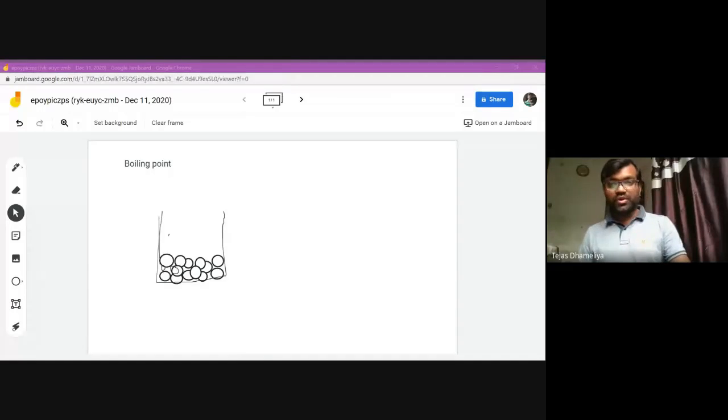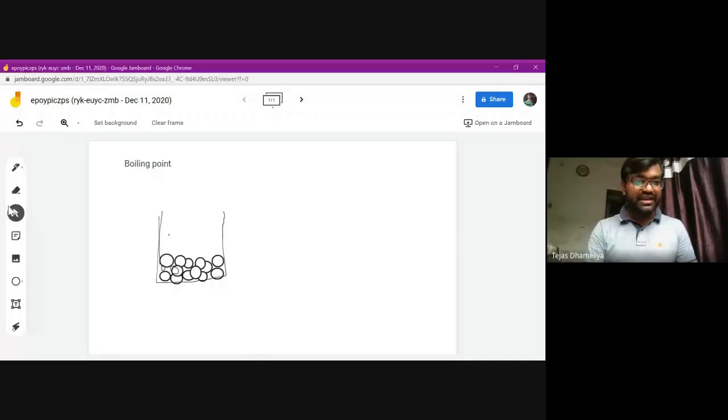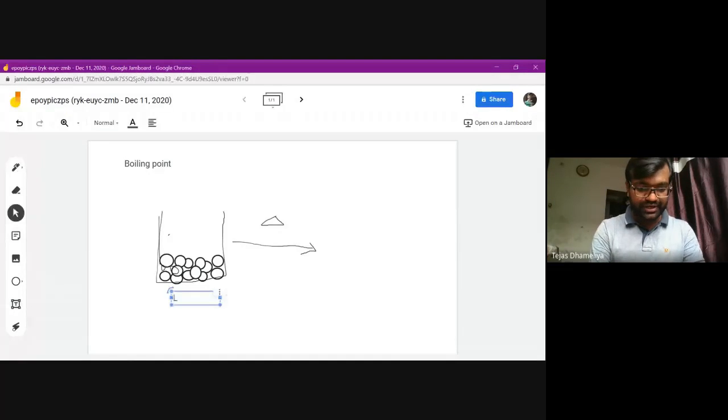Okay. So now, if we are giving some amount of energy in the form of thermal heating, so we are heating this. What is actually being converted here? Previously, it was in the form of liquid.